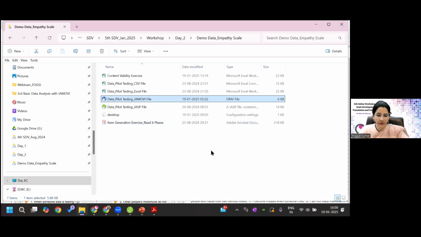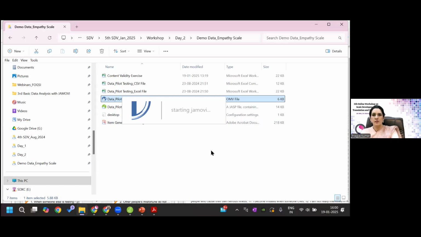So if you open that, it is good that you should have both the software, because the scale statistics are done better on JASP, but the rest of the things are better done on Jamovi. But the interface of both is quite similar. If you know one, you can do the other. It is not at all difficult. Everything is written and you just have to click.